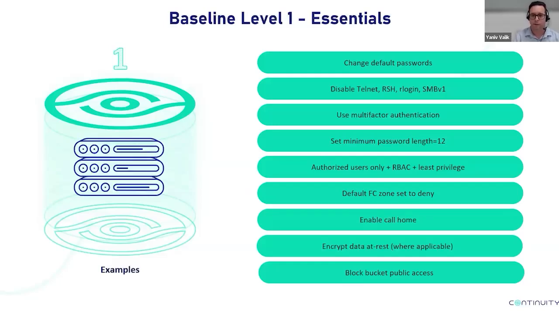We could, for example, include here changing all default passwords and turning on multi-factor authentication, ensuring that only authorized users exist on our storage and backup systems, blocking by default public access to buckets, and denying by default access on the Fibre Channel zoning policies, disabling vulnerable and legacy protocols like Telnet and SMB version 1, encrypting data at rest where it's relevant, enabling call home for proactive support, and turning on local logging with sufficient retention.